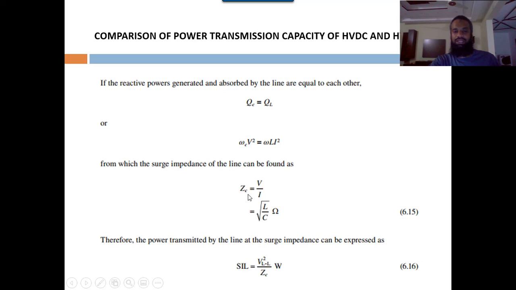The remaining value is ZC is equal to V over I. However, if we calculate, then ZC is equal to the square root of L over C. This L over C means that the reactive power from the capacitors and from the inductors are equal. So this phenomenon is also known as surge impedance loading. That means that when we have XC and XL, both are equal. So for the SIL, we have V square over ZC.